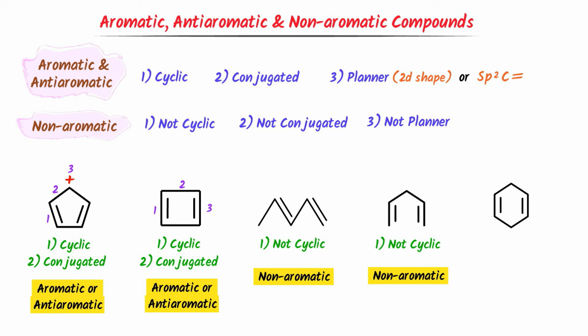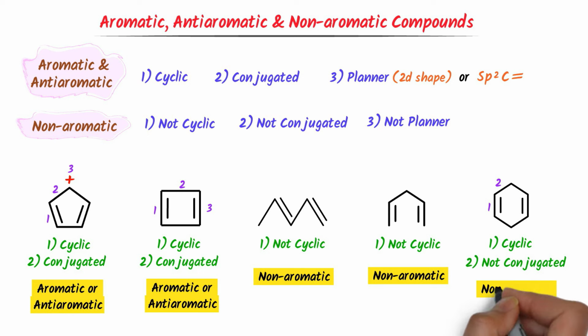Fifthly, we can see that this is a cyclic organic compound. So the first condition is satisfied. Now we can see that it contains double bond, single bond. At the third position, there is no lone pair of electrons, no negative charge, and no positive charge. So this organic compound is not conjugated.